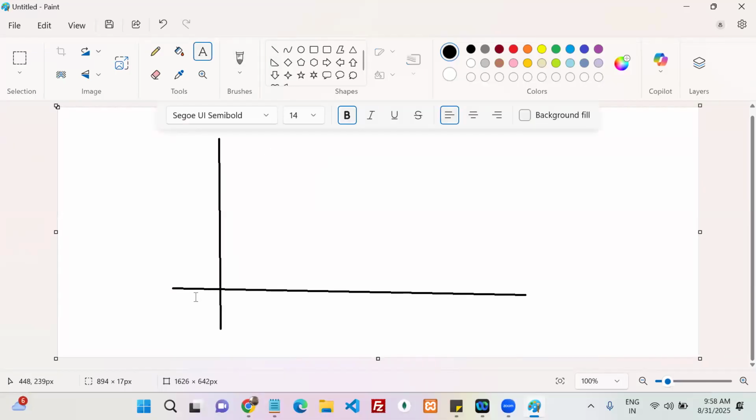Here the age I'm taking on the x-axis: 1 year, 10 years, 20 years, 30 years. The height I can say 2 feet, 3 feet, 4 feet, 5 feet, something like this.